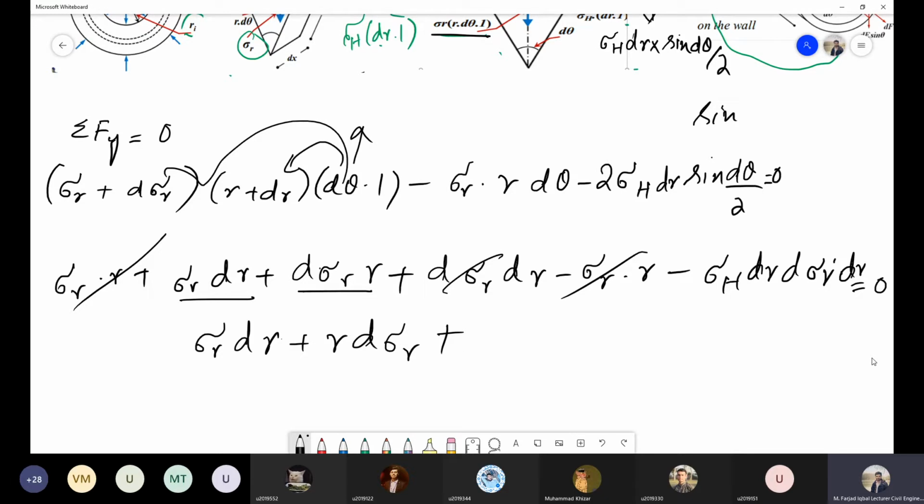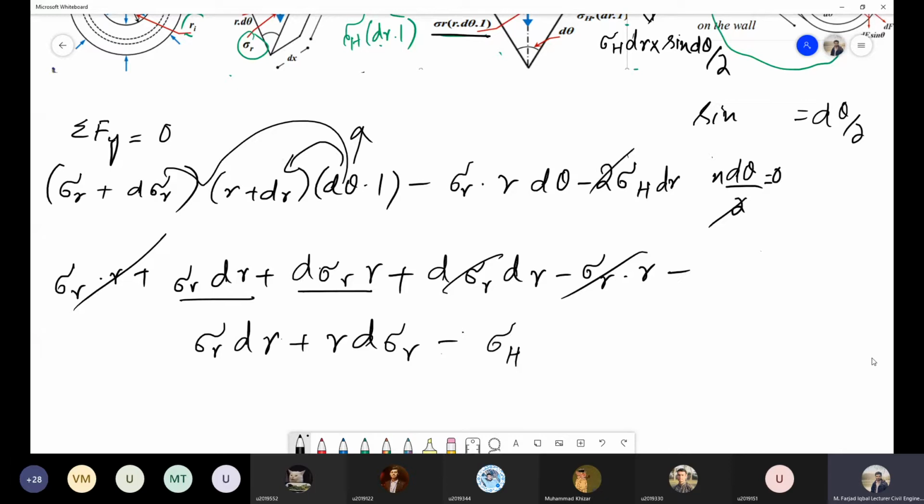Since we have the angle as sine of d theta by 2, it can be represented as d theta by 2. The 2 will cancel out, and I will be left with sigma h dr into d theta equals 0.